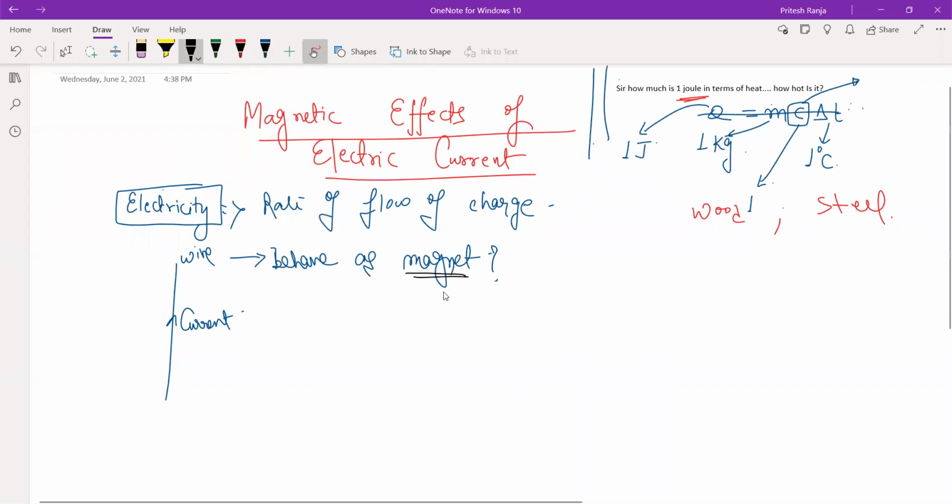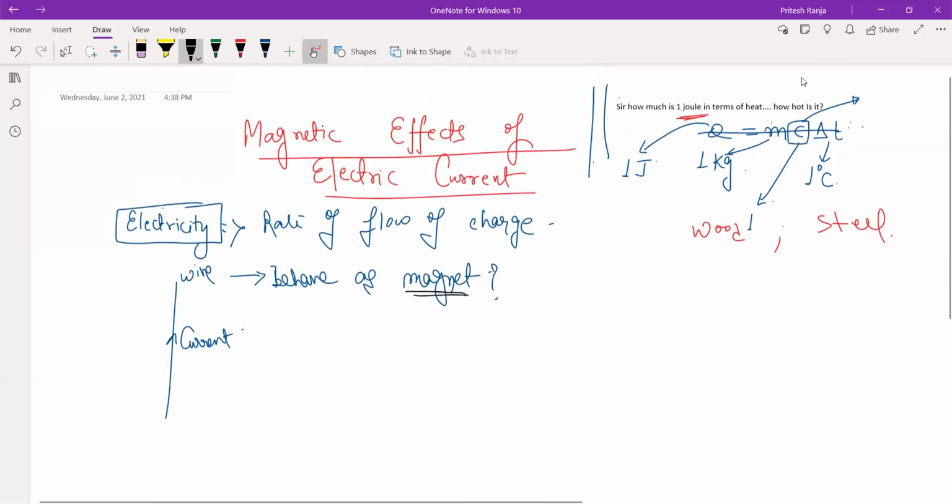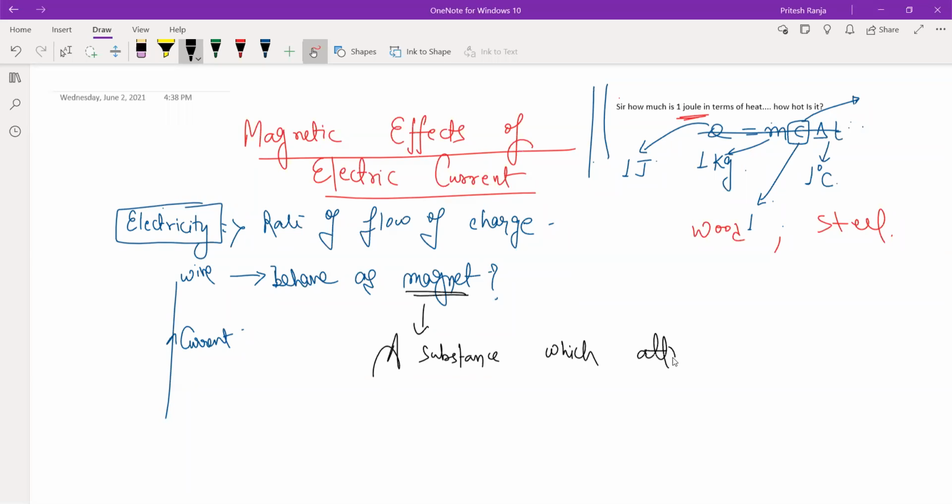If I have to define a magnet, who can define a magnet? What do you understand by a magnet? A magnet is a substance which attracts magnetic materials.